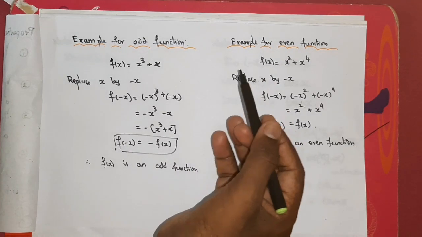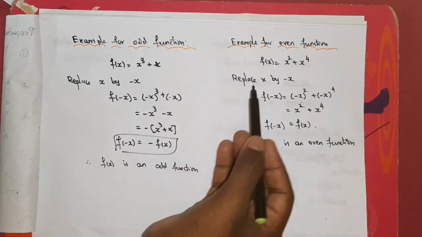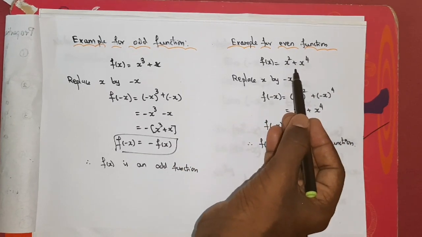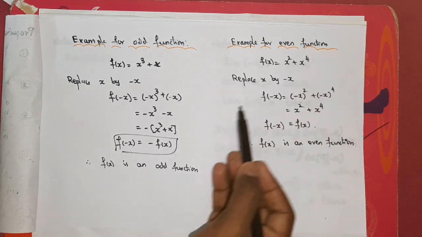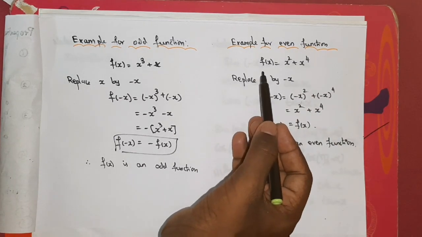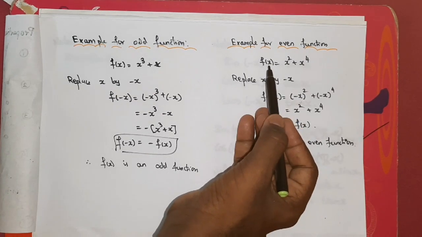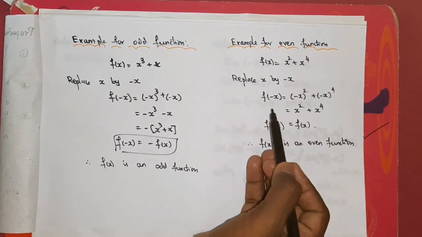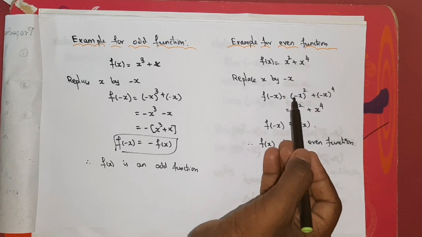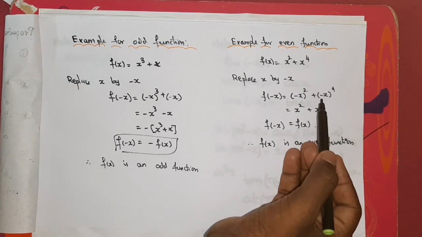The next one is an example for an even function. f of x is equal to x power 2 plus x power 4. Here also I want to verify whether this function is odd or even, so I replace x by minus x. So f of minus x equals minus x the whole square plus minus x the whole power 4.